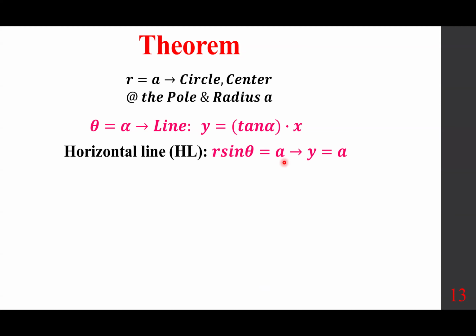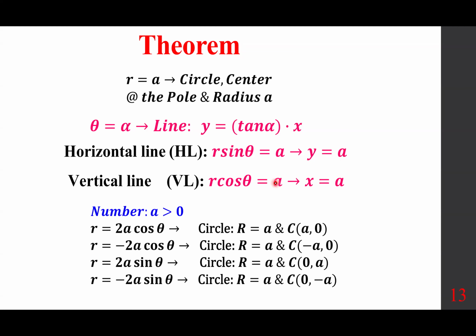When r sine theta is a constant, then y equals a. It's a horizontal line, everybody. When r cosine theta is a constant, then x equals a. It's a vertical line. So this is what we learned.